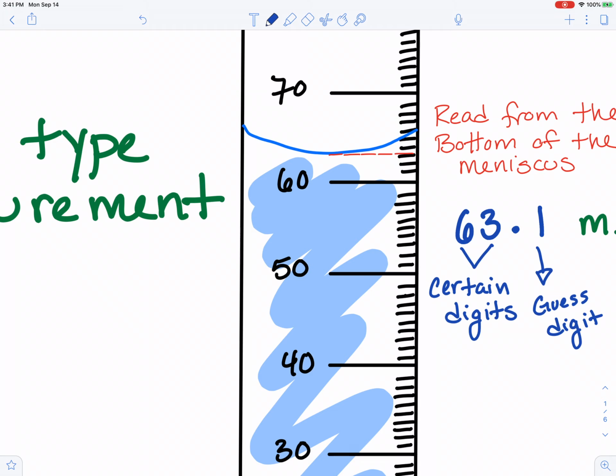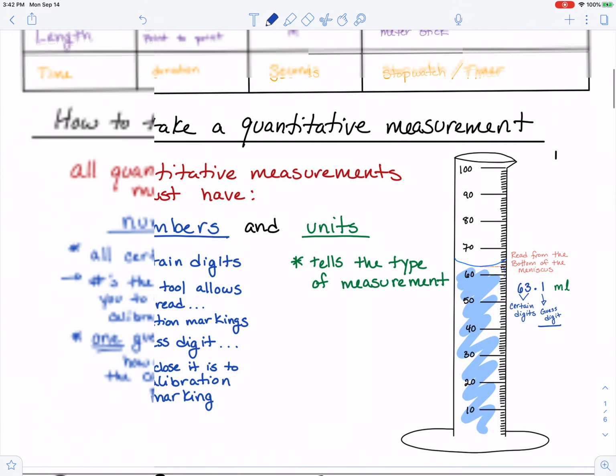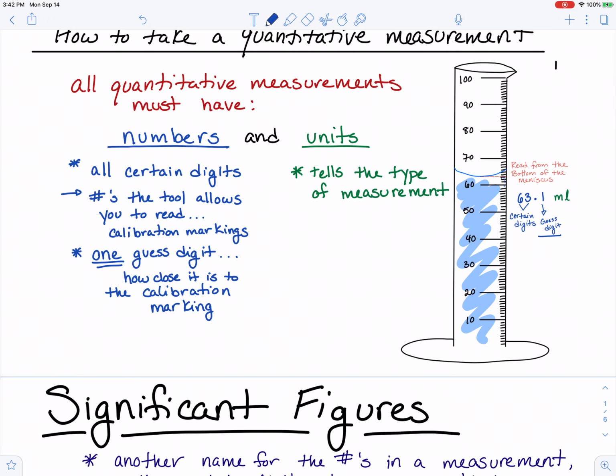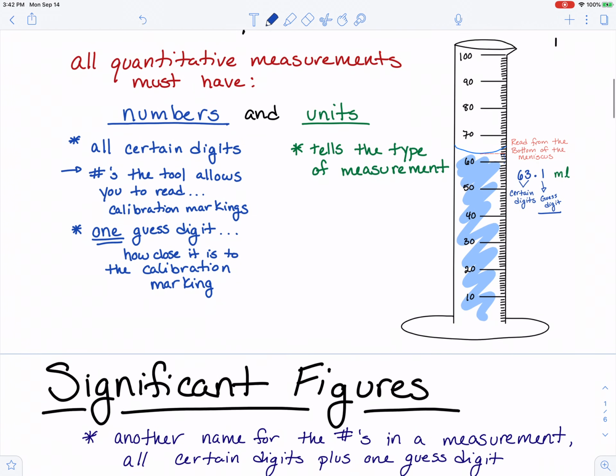So the appropriate measurement for this tool would be 63.1. I get all my certain digits, the digits that I can see in the calibration marks of my tool, so I can see 60, 61, 62, 63, and a guess digit. Where do I feel like I am in between those two calibration marks? So that's how you take a measurement, and we'll do some practice in class.